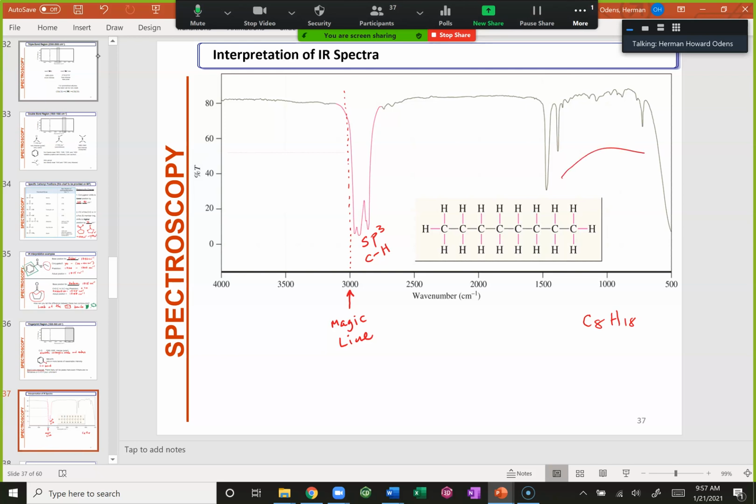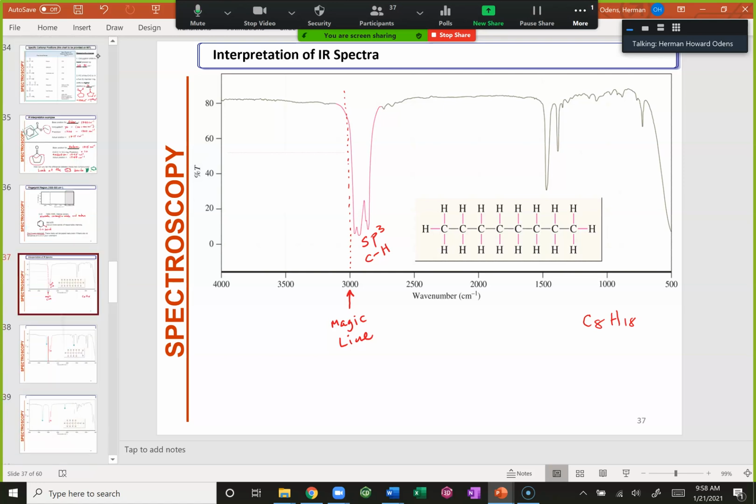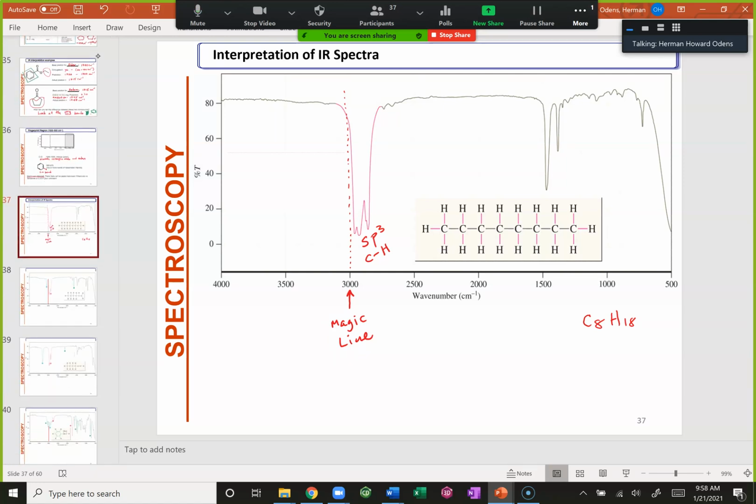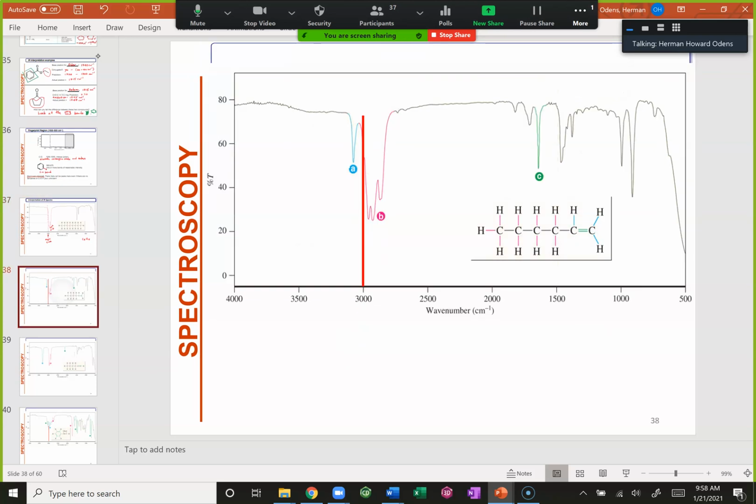So none of these peaks in the fingerprint region need to be assigned. All right, does that make sense? Please stop me if I'm going too fast. All right, let's go to the next slide. Check this one out. Here, how many functional groups do you see from this molecule?